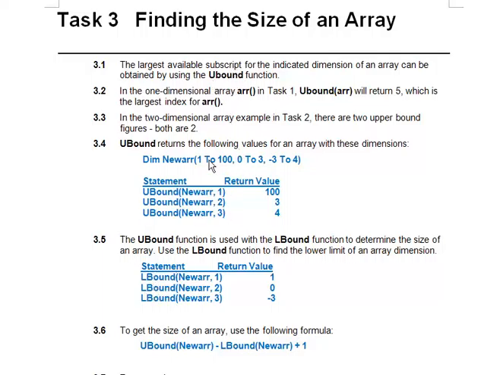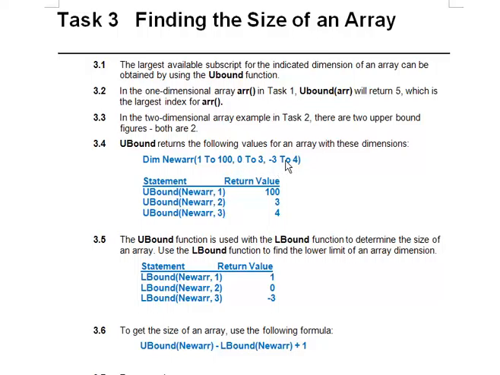So for example, let's say this new array is a three-dimensional array, so it has the cell numbers from 1 to 100 for the first place, the second place is 0 to 3, and the third place is -3 to 4.